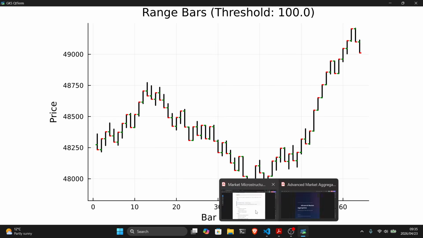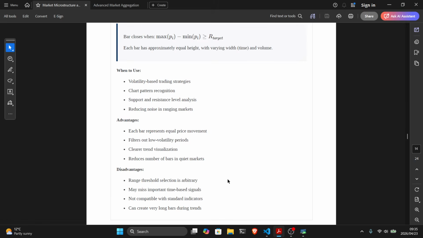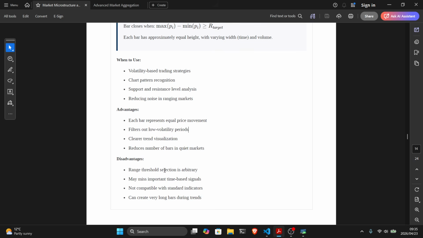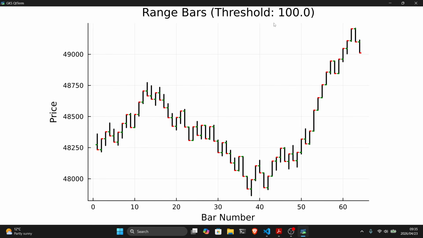Remember what the advantages said: clearer trend visualization, filters out low volatility periods, and when to use, support and resistance level analysis. So when you're looking at this range bar with a threshold of 100, you essentially took a 3,000 entry data set and compressed it to 60 bars, right? That's very useful when you're trying to cut off the noise and just look for signal.